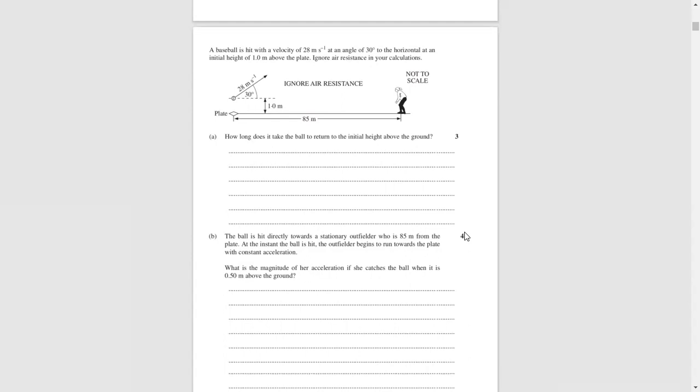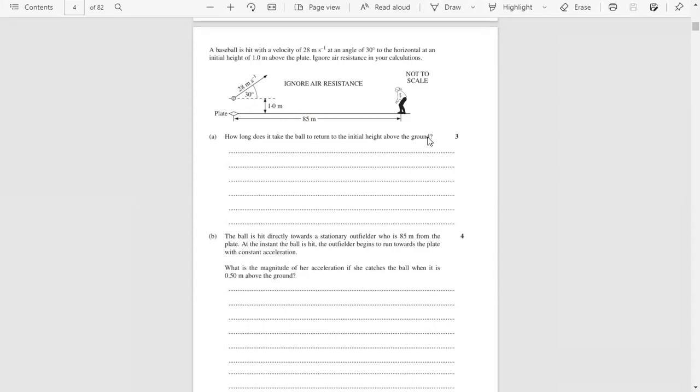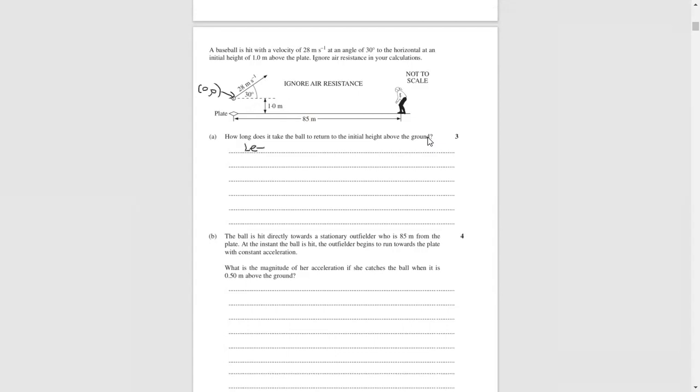So I'll just quickly do A and B. It's hit with a velocity of 28, at an angle of 30 to the horizontal, 1 meter above the ground. You want it to return to the initial height, so basically we're looking for time of flight. If we let this be the origin, starting at 0, 0, then we let sy equal 0 and solve for t, because when you get back to 1 meter, there's no change in displacement.